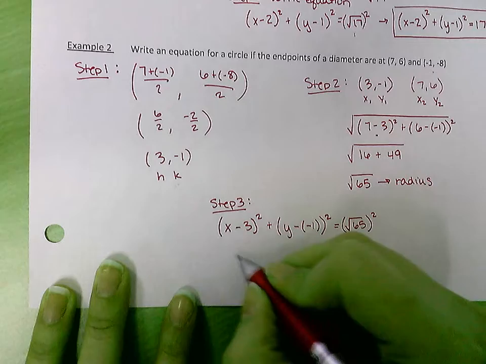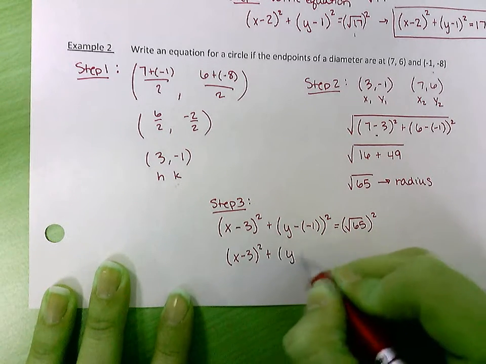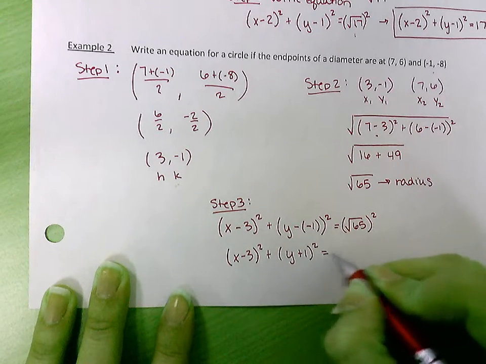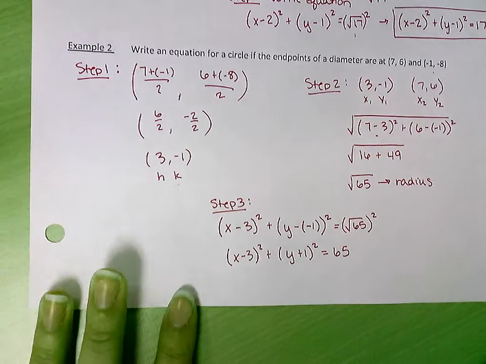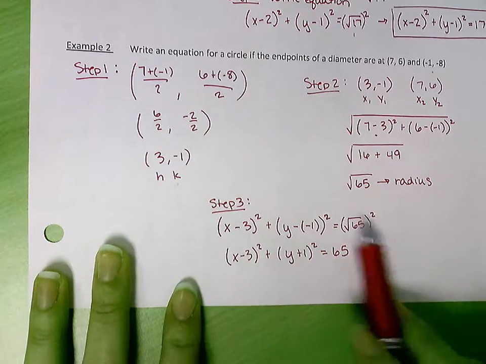I'm going to simplify it a little bit. So I have (x minus 3) squared plus (y plus 1) squared equals 65. And if you know to do this part without writing this part, that's fine.